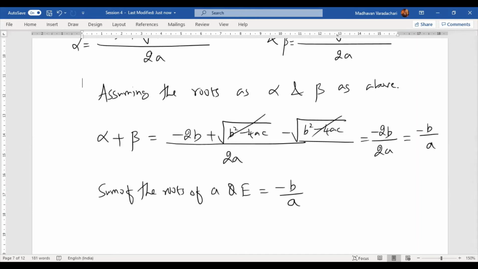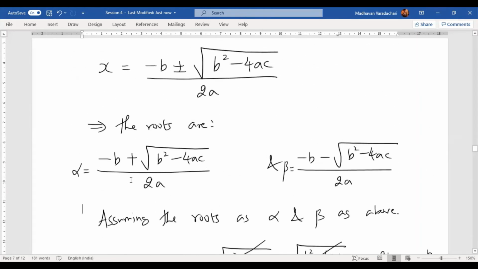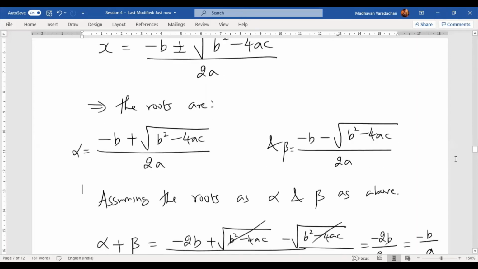Now, let us do the multiplication part. What will be alpha multiplied by beta? What I have to do is multiply this into this. Let us do that.